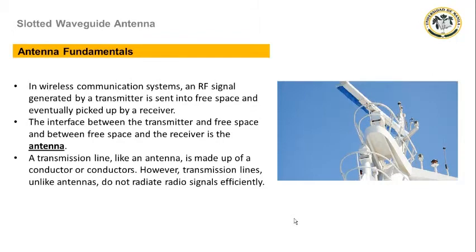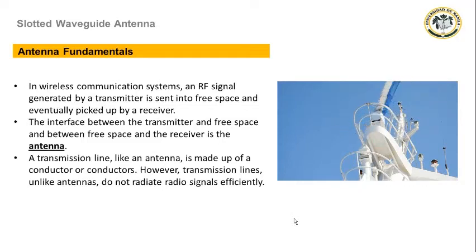So first, we're gonna tackle the antenna fundamentals. In a wireless communication system, an RF signal generated by a transmitter is sent into free space and eventually picked up by a receiver. The interface between the transmitter and the free space is the antenna.